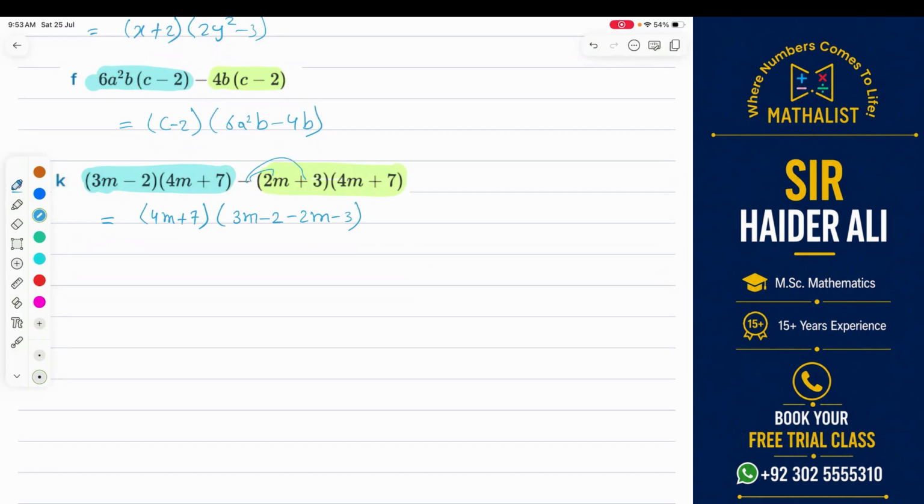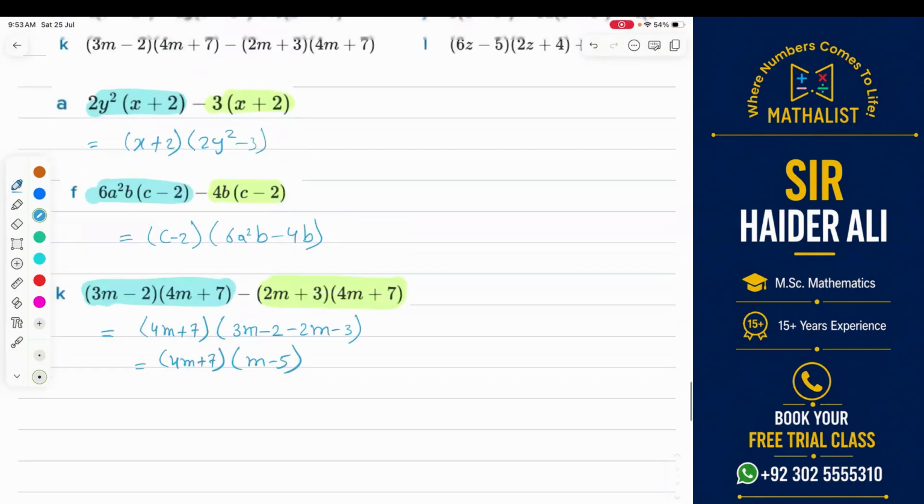I write minus inside. And now 4m plus 7 as it is. Inside 3m minus 2m, it will be m minus 2 minus 3, minus 5. Okay, is that clear? Yes.